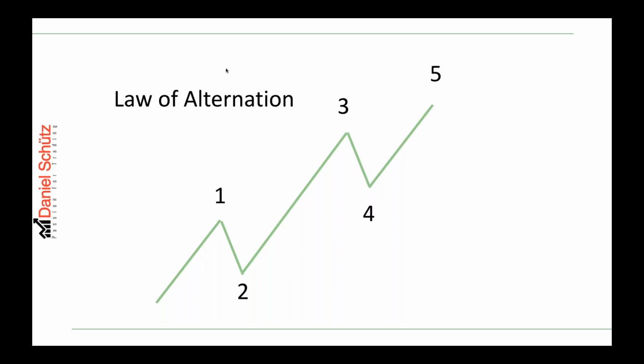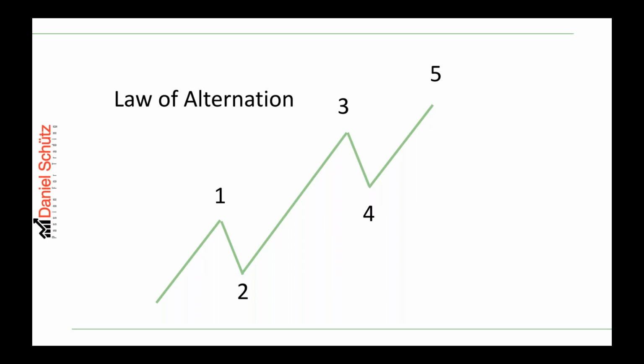So far, we have discussed that the corrections, the wave 2 and the wave 4, are always an A, B, C pattern. However, I said it before, corrections can be very complex. They can look really ugly and they can drive you crazy. That is also the reason why I do not recommend corrections for beginners in trading.